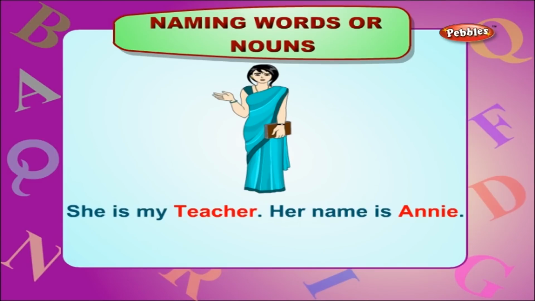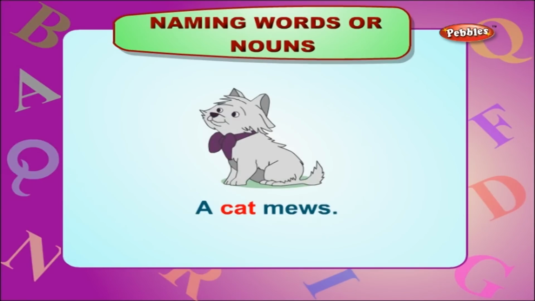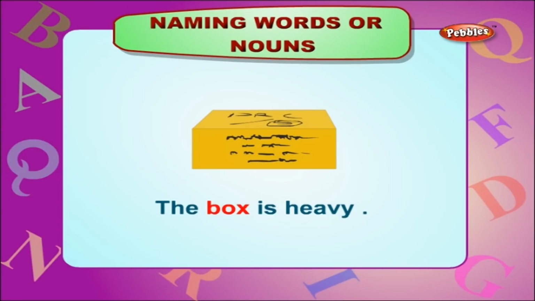In this sentence, the word teacher is a common noun and the word Annie is a proper noun. A cat mews. Cat is a common noun. The box is heavy. Here, the word box is a common noun.